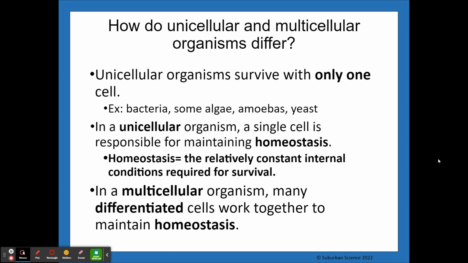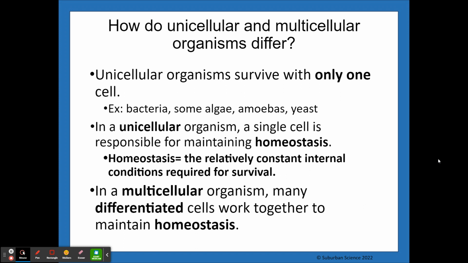Now let's take a look at how unicellular and multicellular organisms differ. Take a step back. What's the main difference between unicellular and multicellular? Uni means one, so that's one cell, one type of cell. With multicellular, multi means many, so we have many types of cells in an organism.